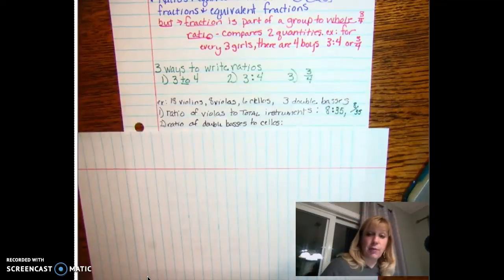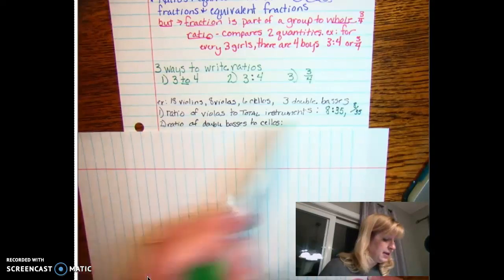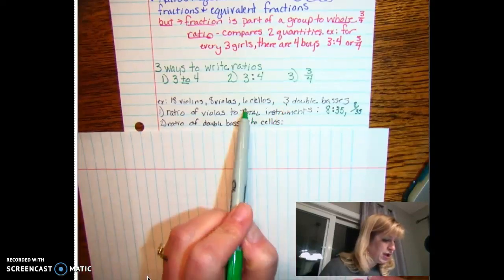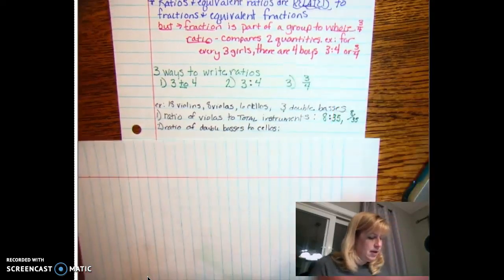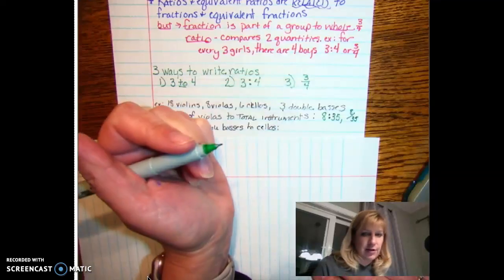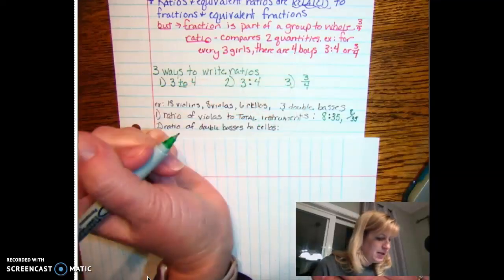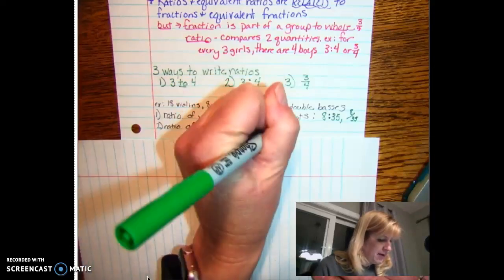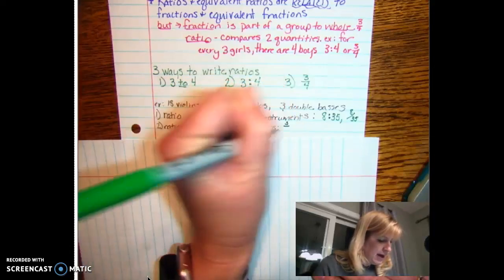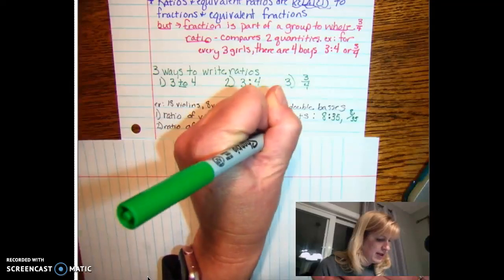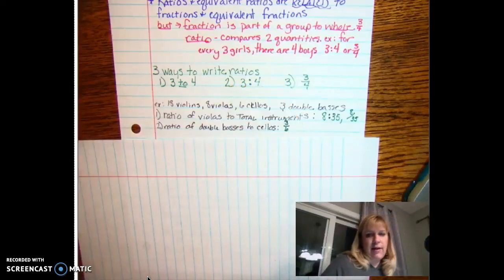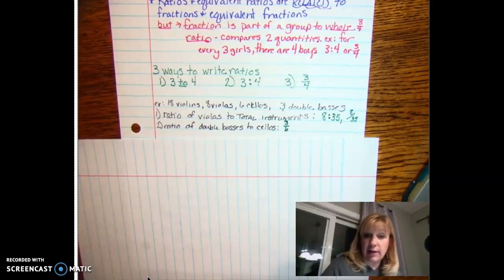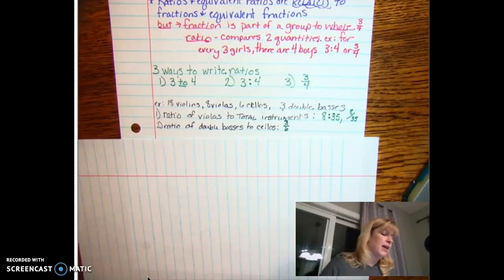Now we're going to do a ratio that is double basses to cellos. So I'm going to go ahead and do that in fractional form, so double basses is 3, and cellos is 6. Now anybody who looks at that is going to say, oh, wait a minute, Mrs. McKinley, that looks like a fraction that is not simplified.